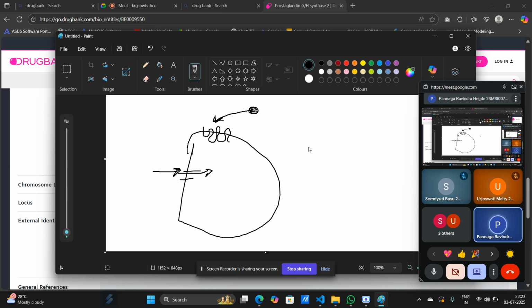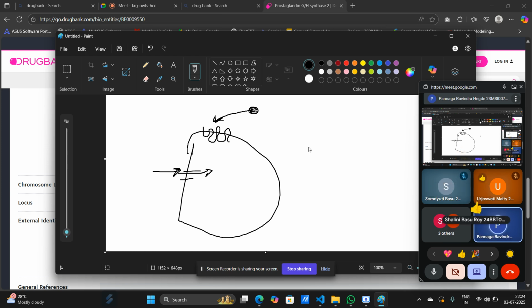Are you guys able to understand? If I'm suffering from energy loss or weakness and I take glucose, the glucose molecule will itself act as a drug, and it's also the substrate for the body.